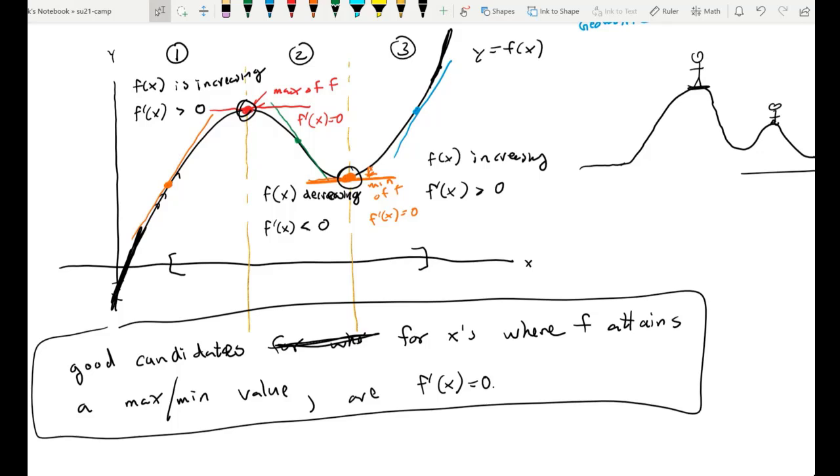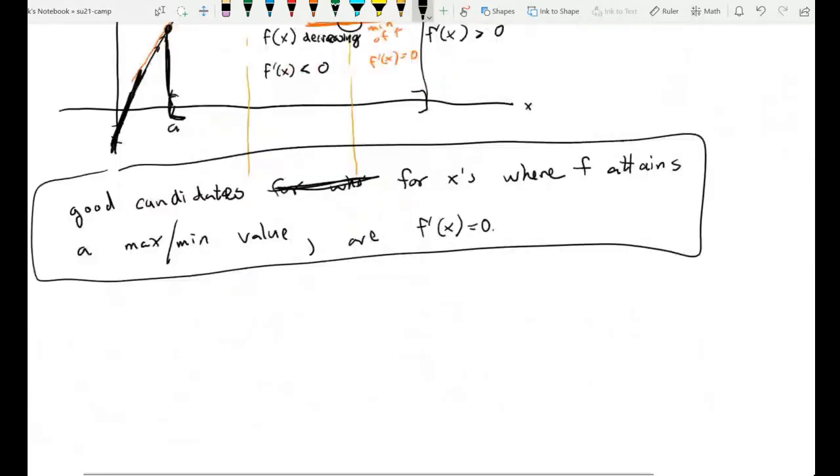And you also have to consider the two endpoints of the interval, by the way. That's because you could attain a minimum value at the left endpoint, and a maximum value at the right endpoint. So not only where the derivative is 0, but also for a closed interval, the endpoints of that interval will be important when checking for maxes and mins. Good observation.